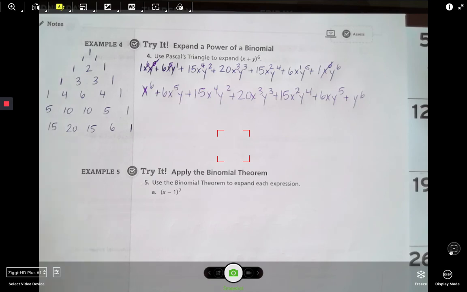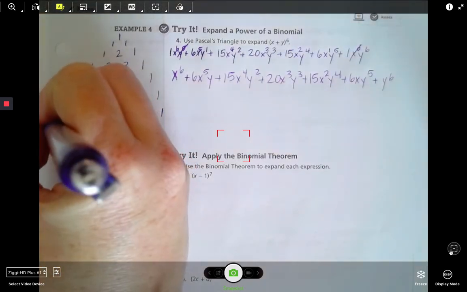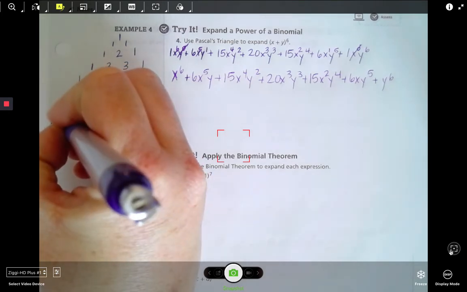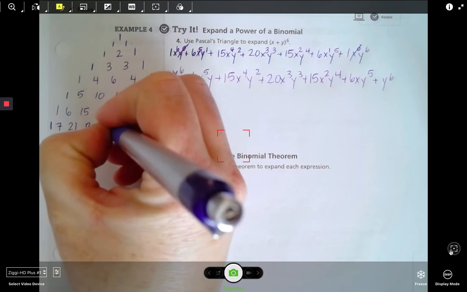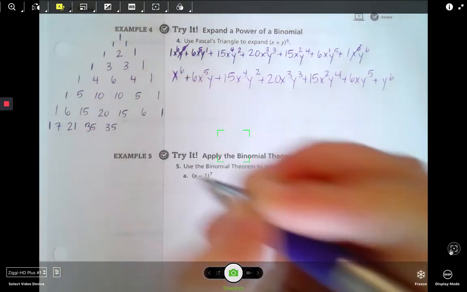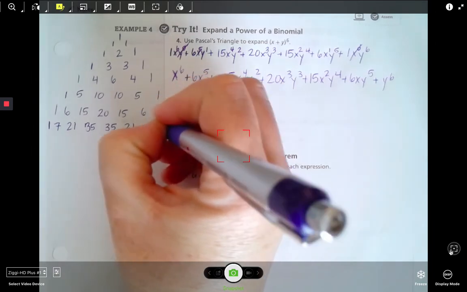But this one needs us to raise it to the 7th power, so I'm going to go up here where I'd already started and just finish this one out. Because the next one's to the 6th, so the 7th is all we'll need to go to.